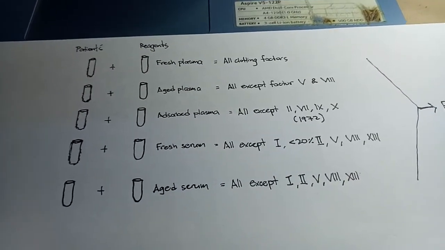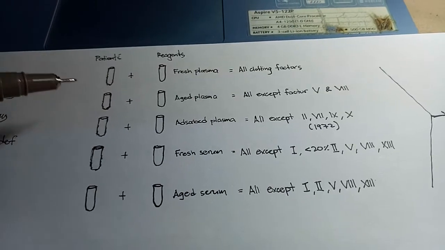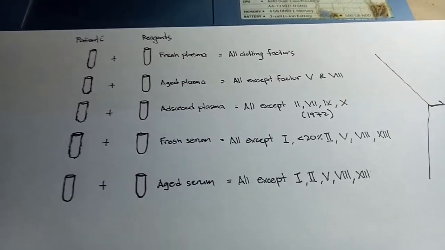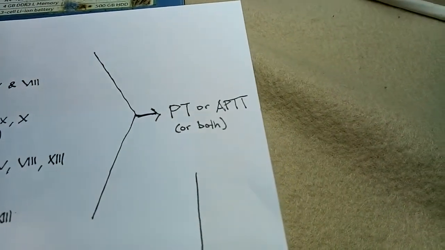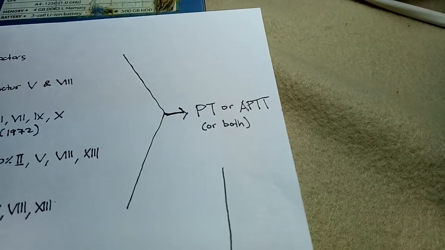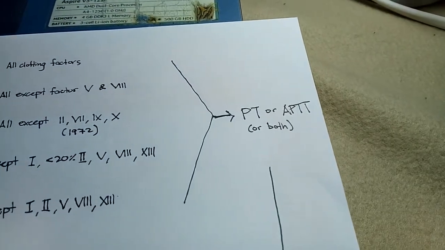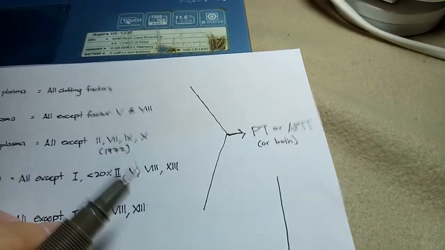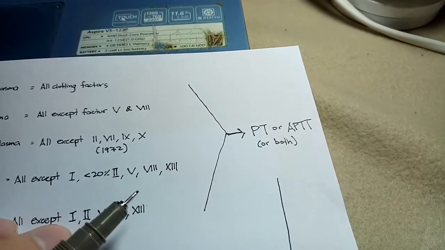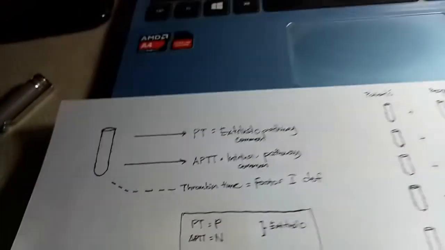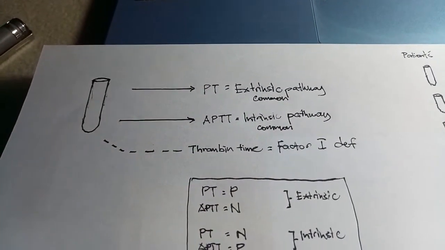So, after mixing the patient's plasma with a reagent plasma, itetest ulit yan. Okay, itetest ulit yan sa PT or APTT or both. Okay? Ngayon, whatever the result will be sa bagong PT and APTT test, okay, i-compare ang result na to dun sa previous result natin dito sa unang test natin, okay?